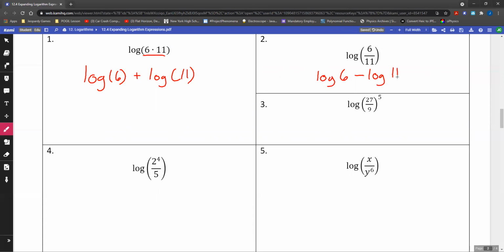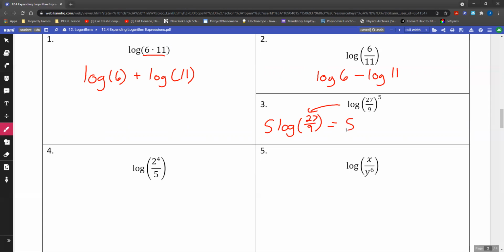Over here, this is actually going to be a few parts. First, I have an exponent on the outside. So what I can do is use the power rule and rewrite this as 5 log of 27 over 9. And then from here, I can do what I did in number 2 and subtract these two terms.